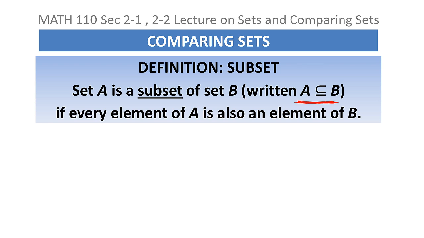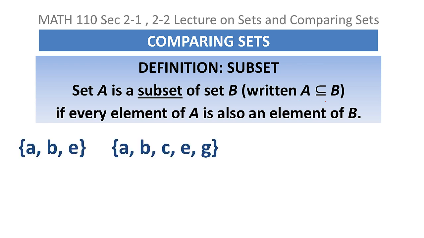Okay, what does that mean? Let's do an example. If I have on the left the set containing A, B, and E, and on the right I have the set containing A, B, C, E, G, can I put the subset symbol between them? Well, here's the condition. If every element of A, the thing on the left, is also an element of B, which is the thing on the right.